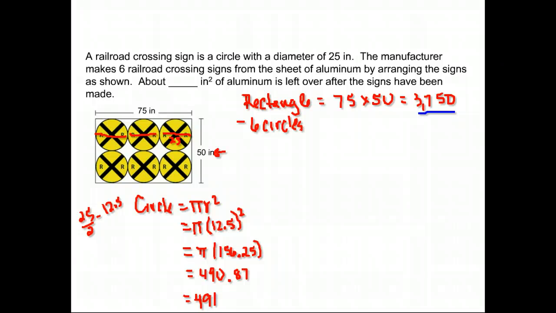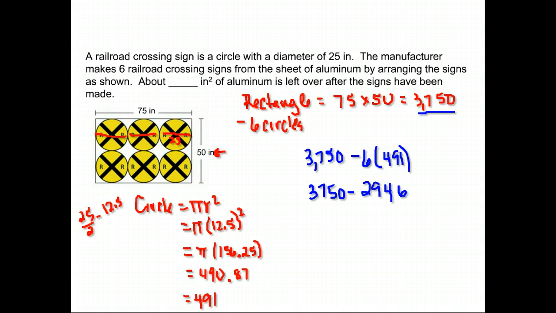Now all we have to do is figure out what we get if we take the rectangle minus 6 circles. So we take the 3,750 from the rectangle, subtract 6 of the circles, so 6 times 491. That gives me 3,750 minus 2,946.